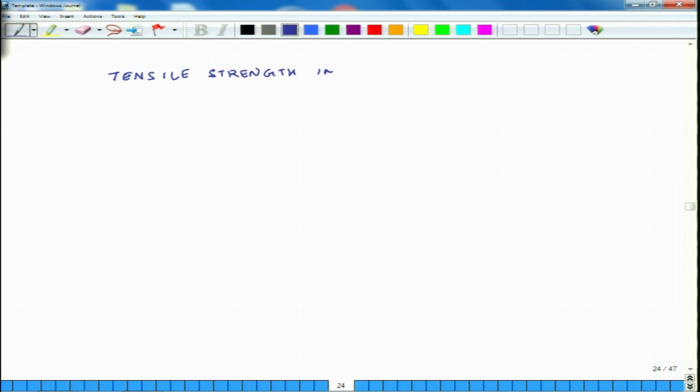Tensile strength in L direction. This is what we want to discuss.